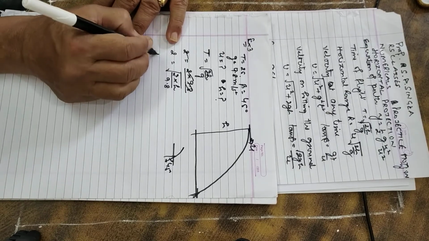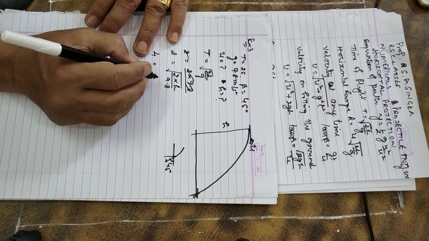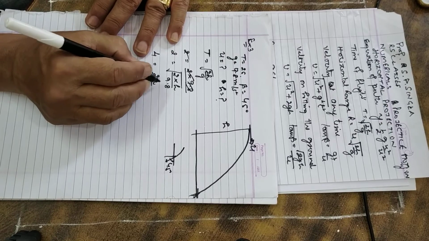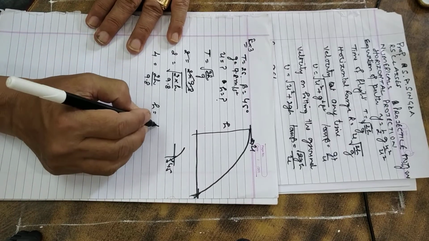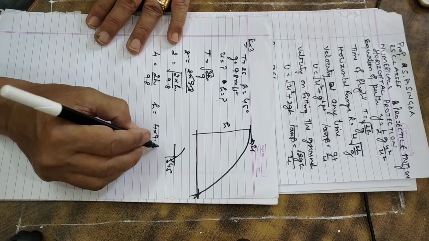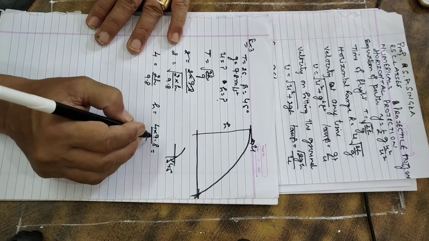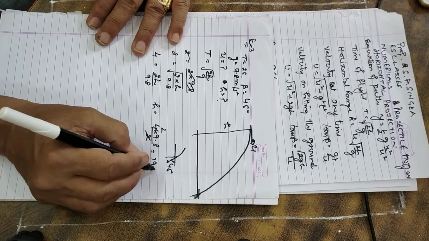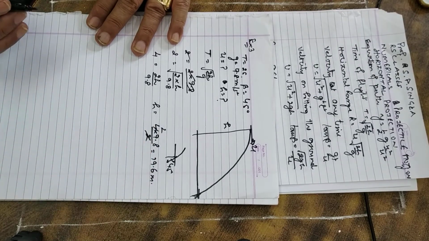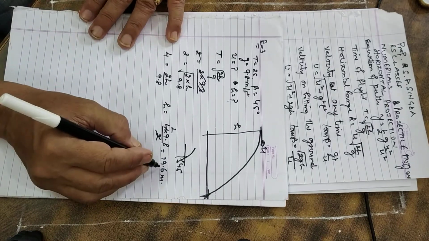Square it. 4 is equal to 2h upon 9.8. So what is h? 4 into 9.8 upon 2. That is 19.6 meters. H has come. Height of the building is 19.6 meters.